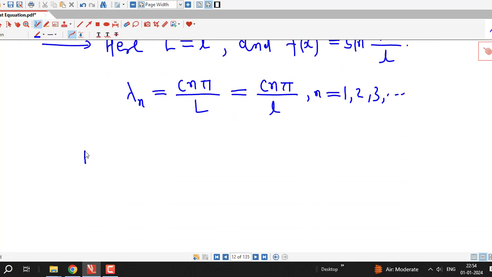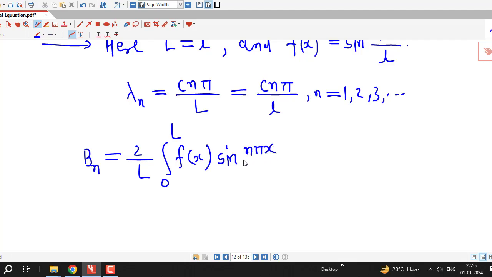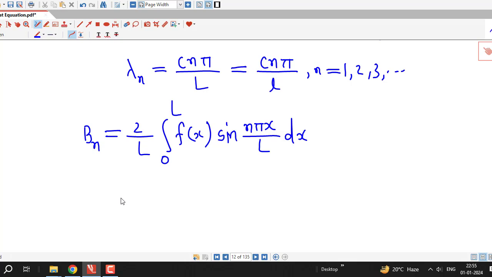And now we find these coefficients bn. The formula is 2 divided by L integral from 0 to L f(x) multiplied with sin(n pi x over L) integration with respect to x.